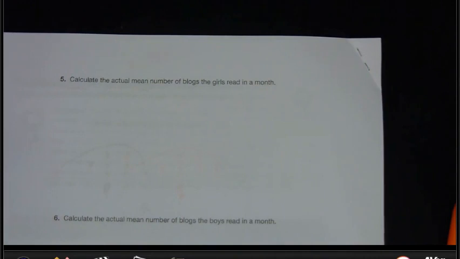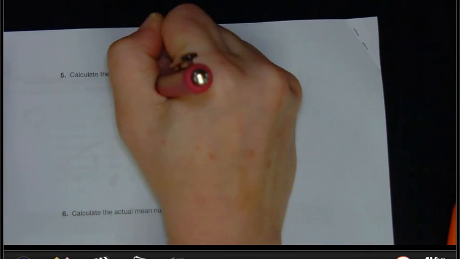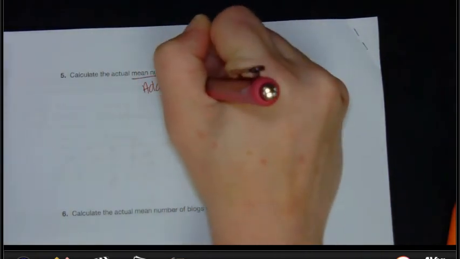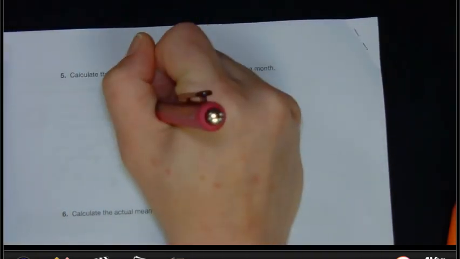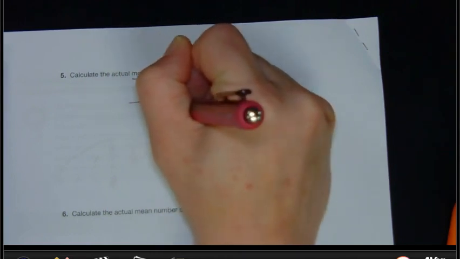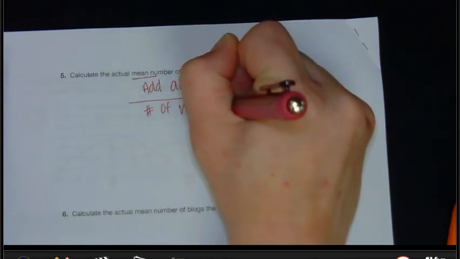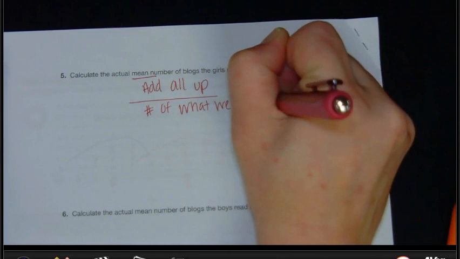Number 5, calculate the actual mean number of blogs the girls read in a month. Okay. If we remember, to calculate the mean, we add all up and then divide by the number of values we have.